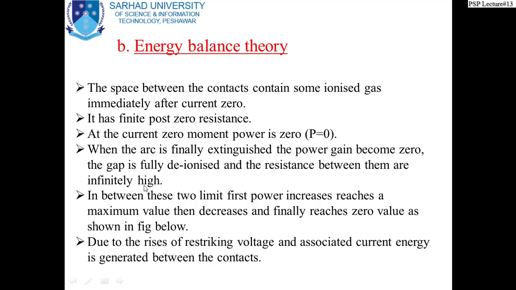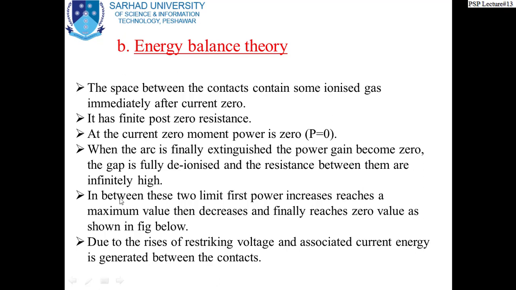Gentlemen, when we use the words infinitely high, it does not actually mean infinite resistance. It means very high resistance, more than the voltage or the restriking voltage. So then, of course, the current will stop, coming to zero. It actually means like this, not actually infinity, because every gap, every insulation has a certain dielectric strength. It is not infinity even, right?